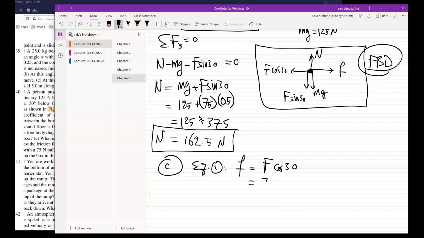Plug it in. So I have here 75 times cosine 30 is 0.866. So I have here 75 times 0.866. Answer 64.95. Shall we say just 65?